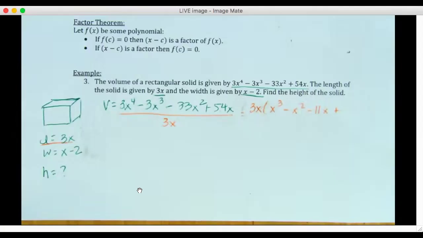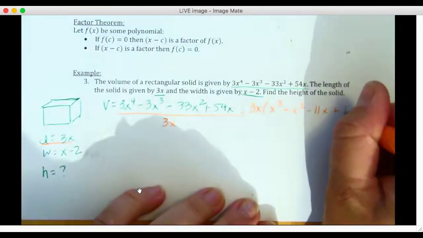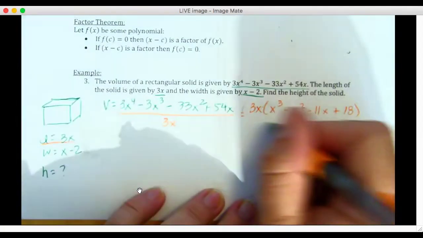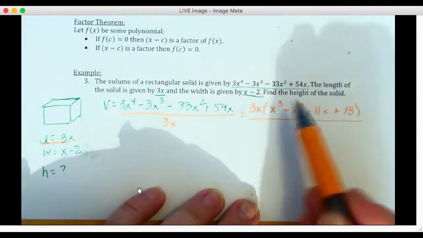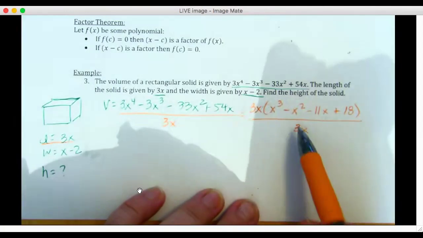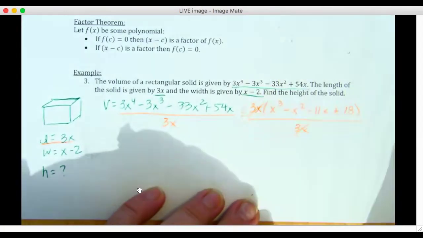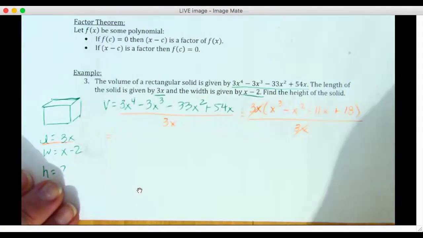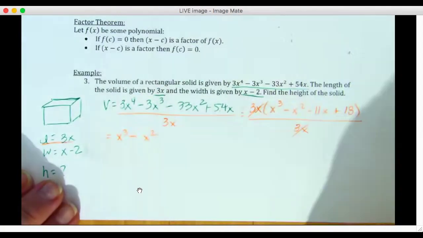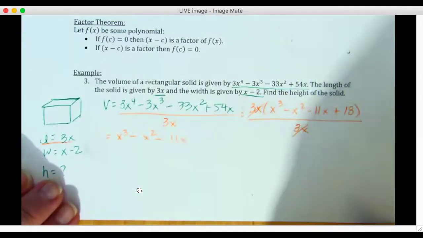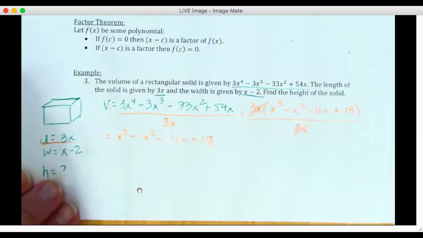Check that. Oh, 18. That's right. And then we have 3x. And now that that 3x has been factored out of everything, these two can be canceled out. And then I'm left with x cubed minus x squared minus 11x plus 18.